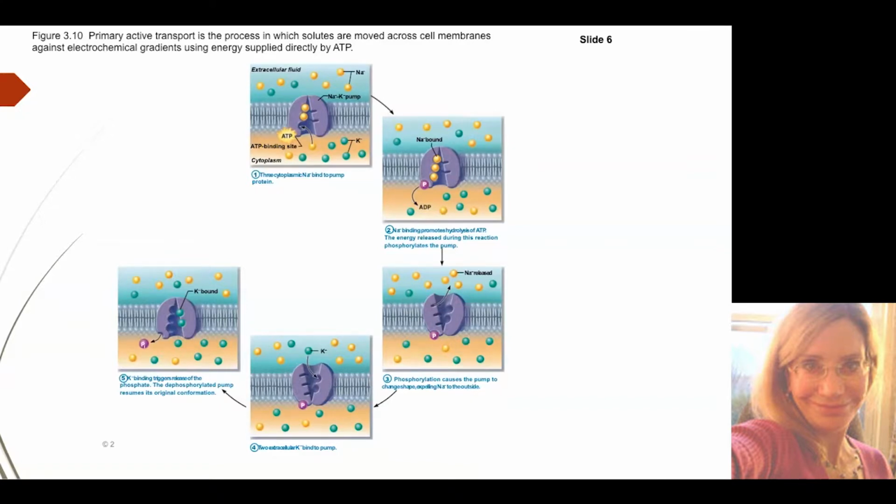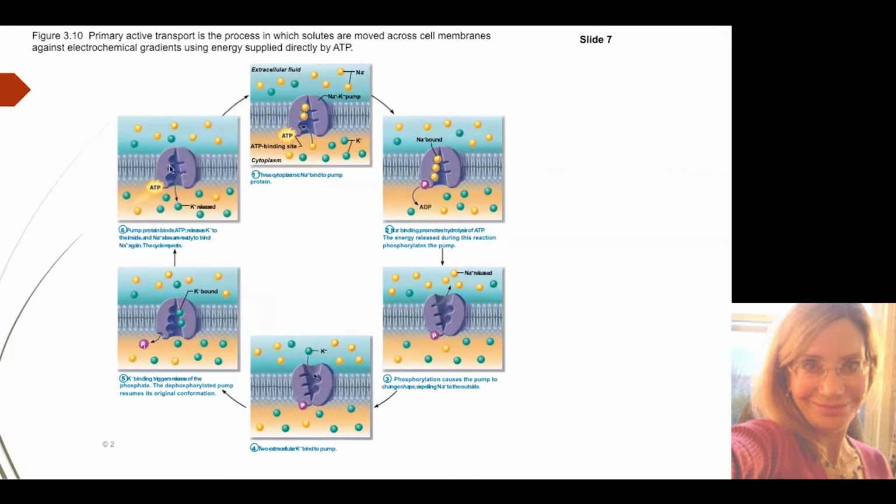So in other words, the pump is going to take 3 sodium ions from inside the cell and pump them out, and then it will pick up 2 potassium ions from outside the cell and release them to the inside of the cell.